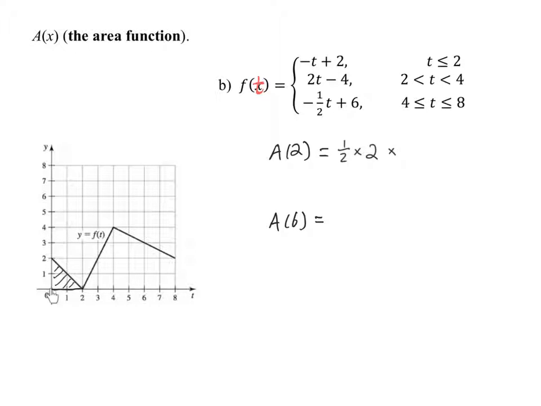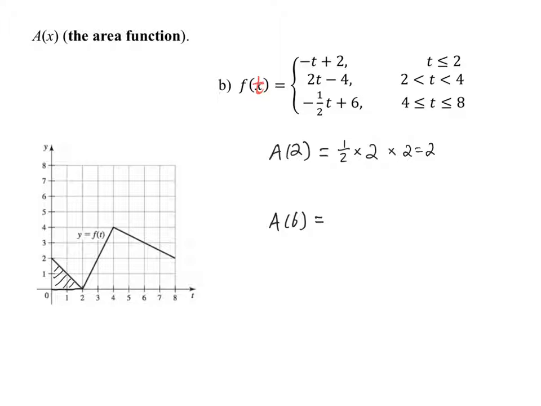The height of this triangle, when t is 0, this result is going to be 2. So we can just do 1/2 times 2 and 2, which is just 2. So A of 2 is 2.